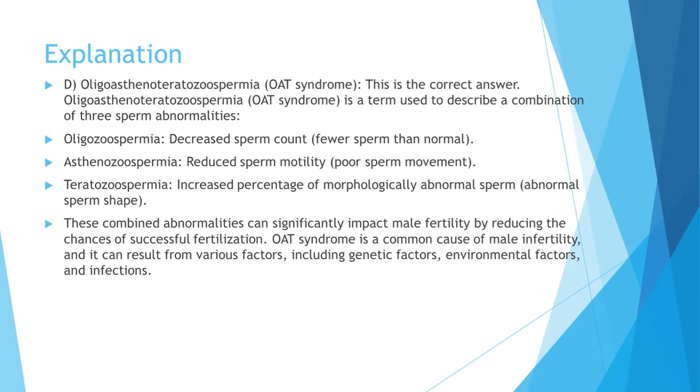These combined abnormalities can significantly impact male fertility by reducing the chances of successful fertilization. OAT syndrome is a common cause of male infertility, and it can result from various factors, including genetic factors, environmental factors, and infections.